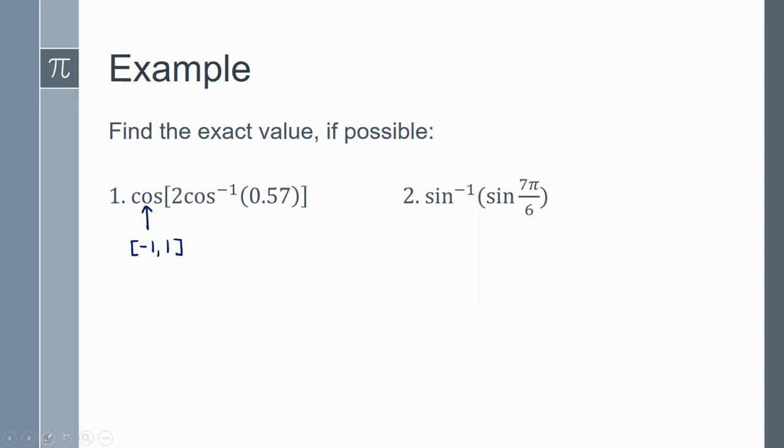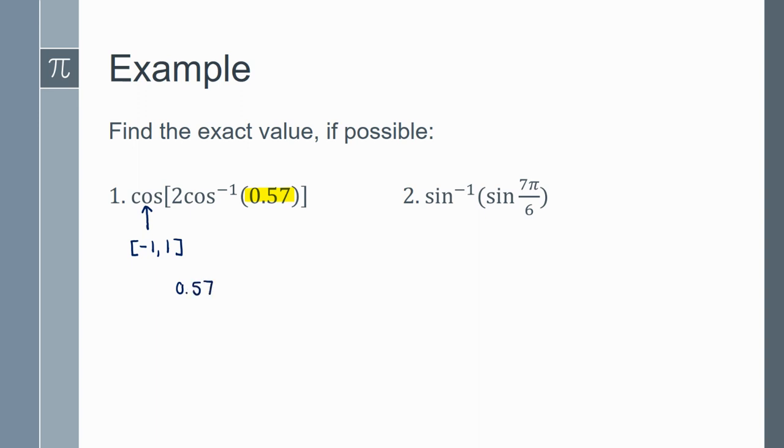Then I'm looking at the number inside the parentheses to determine if it falls within the interval. In this case, 0.57 definitely does fall within the interval from -1 to +1. So that's excellent. That means that number is going to be a part of my final answer.